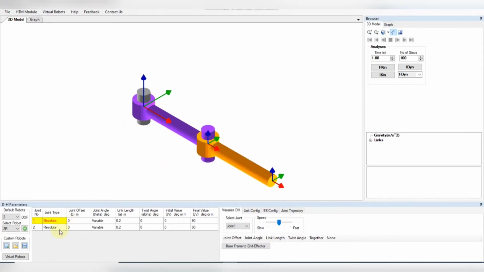You can see here, this is the revolute or rotary joint, the variable angle is theta, and the link length is 0.2. Here you can see the joint offset, joint angle and the link length. So this is the transformation from this point to this point. This we have already studied, the DH parameters.